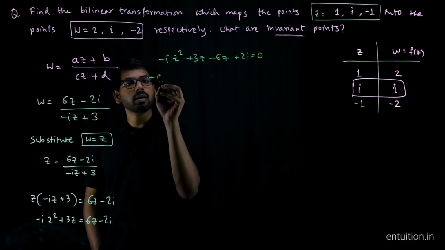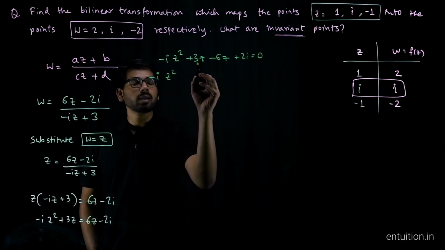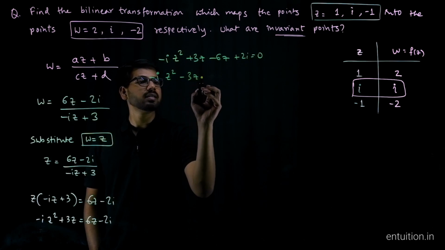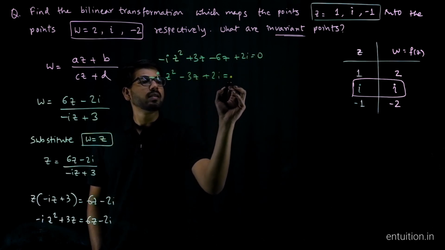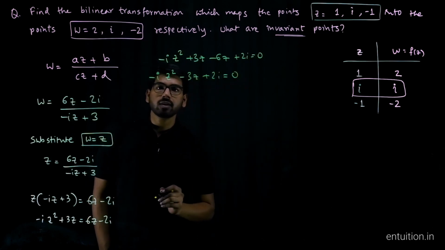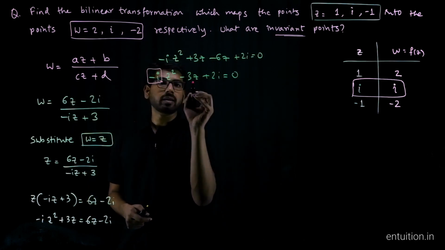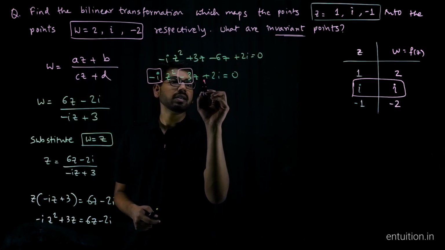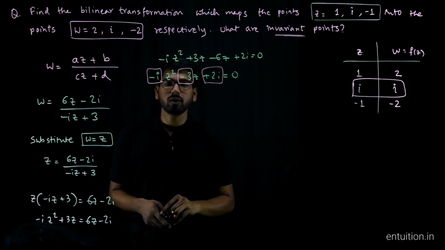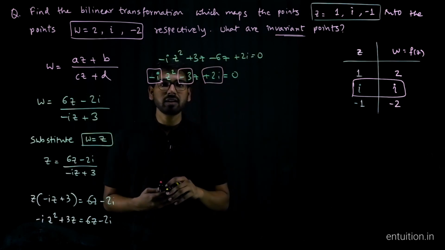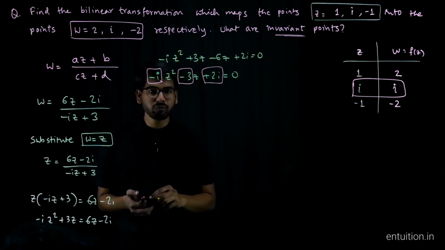Okay, what will you get? Minus i z square plus 3z minus 6z is minus 3z, plus 2i is equal to 0. So this is a quadratic equation, a z square plus bz plus c. Okay. So if we have ax square plus bx plus c, we will use the quadratic equation formula, right?